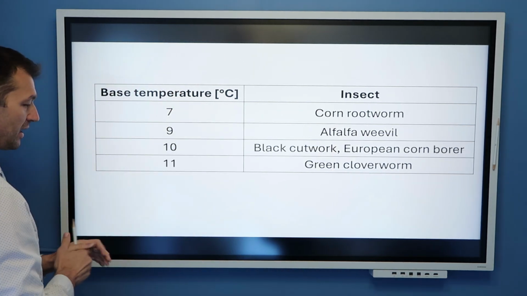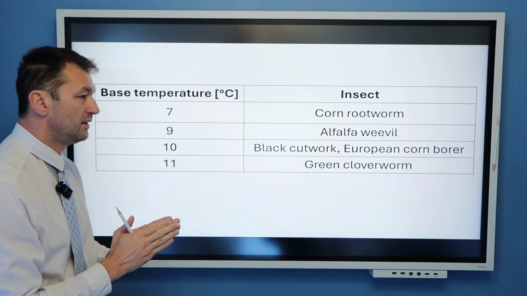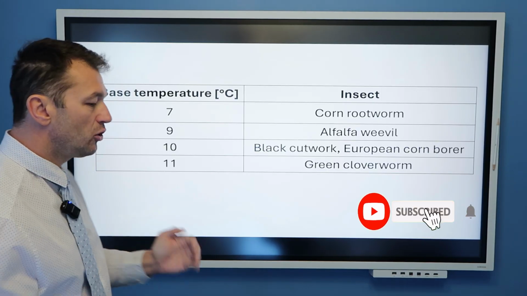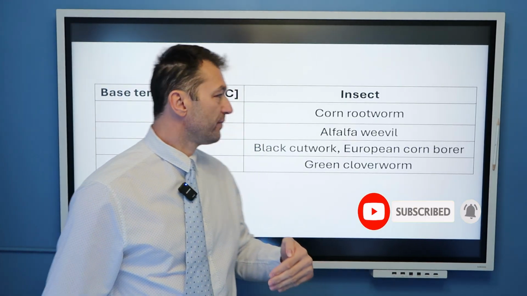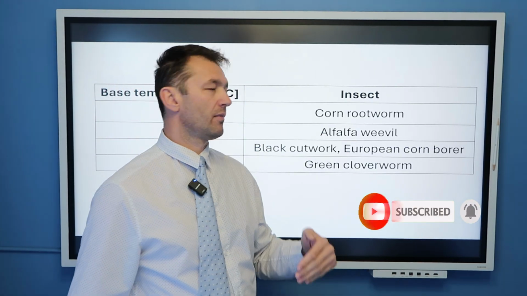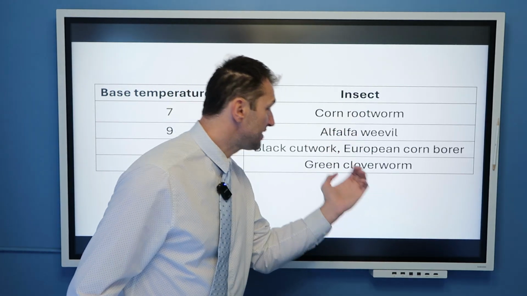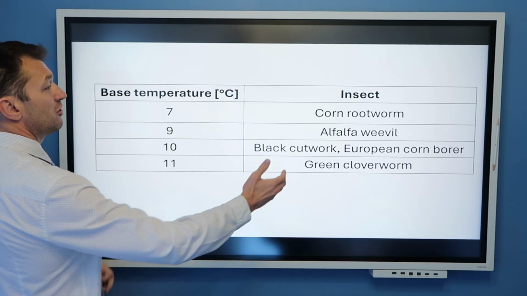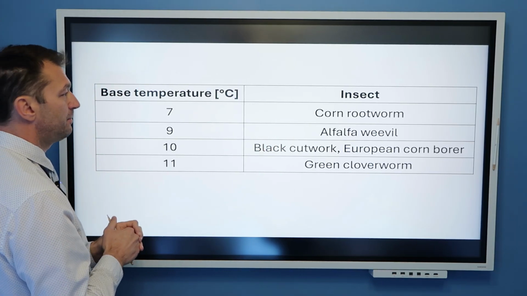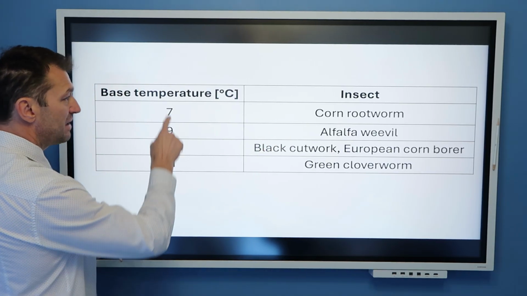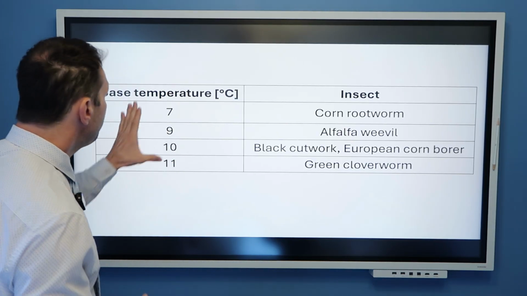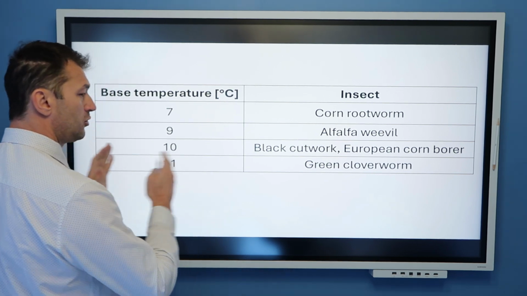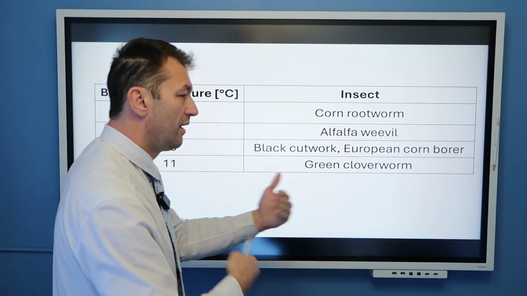And lastly, it turns out that the growing degree units or growing degree days can also be used to predict the onset of insects attacking plants, infestation of insects attacking different plants. And the base temperatures are different if one is looking into insects compared to the growing of plants.